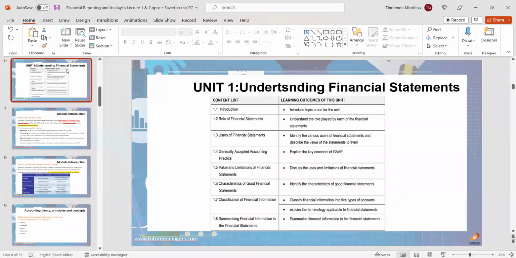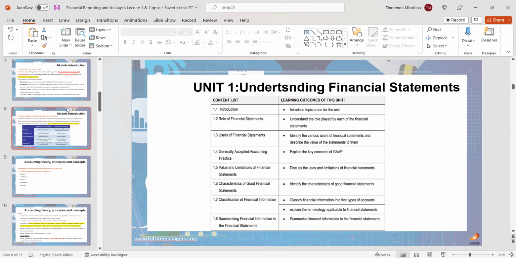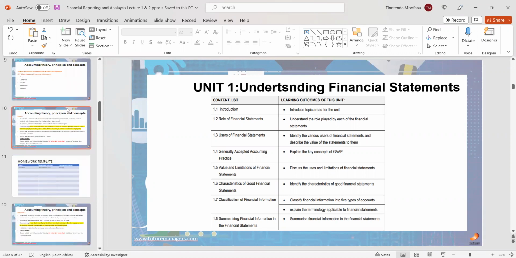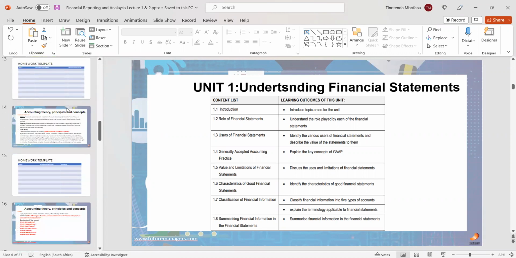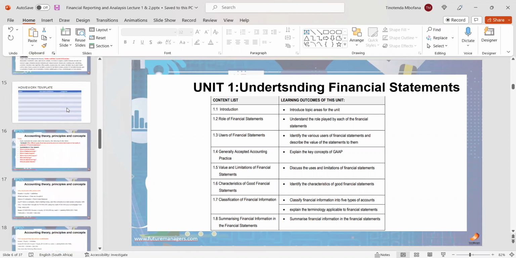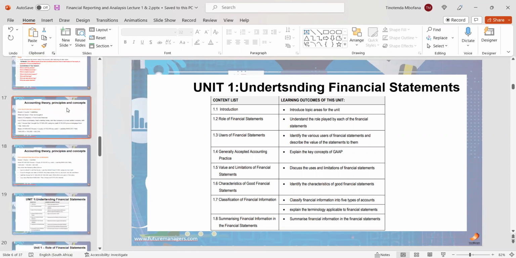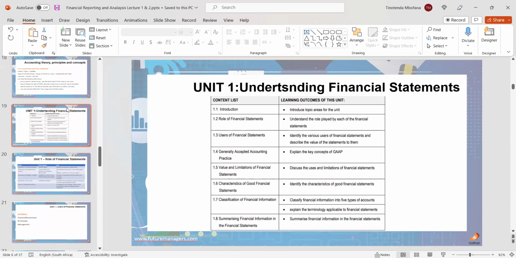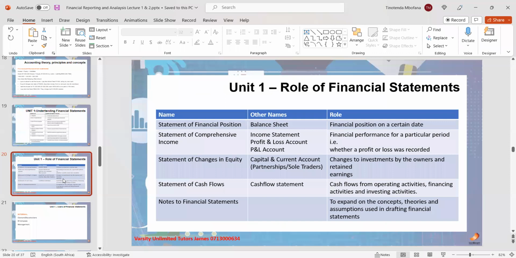So going back now, when we are saying the role of financial statements, like I said, I'm going to talk about it later at a deeper stage, but briefly, what do we mean when we're saying role of financial statements, right? In an organization, you are going to prepare some reports. You're going to prepare some financial statements. There are different types of financial statements that you're going to prepare.